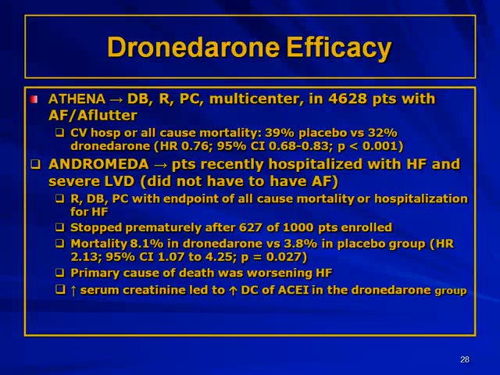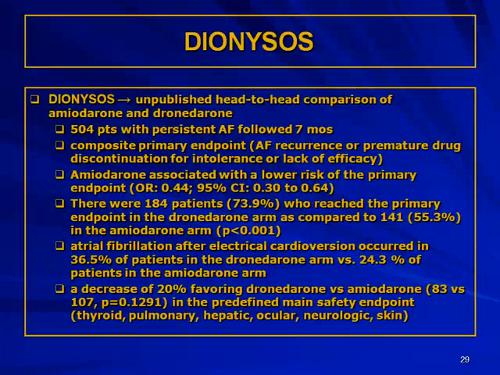And what happened was that there was an increase in the number of patients in the dronedarone group that had ACE inhibitors discontinued. These were severe heart failure patients. Stopping ACE inhibitors may have caused the increase in mortality. We don't know. Subgroup analysis was not robust enough to tell us that that was the reason for the increase in mortality with dronedarone. So the warning, the contraindication stands as we've already discussed.